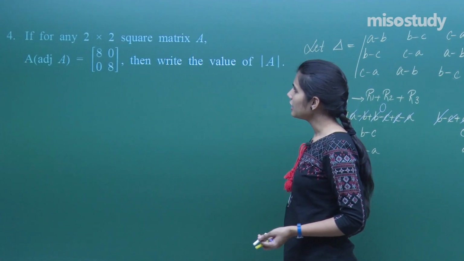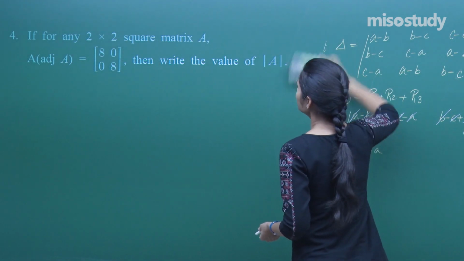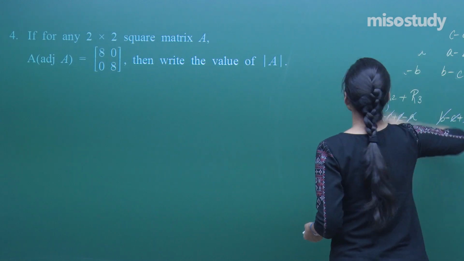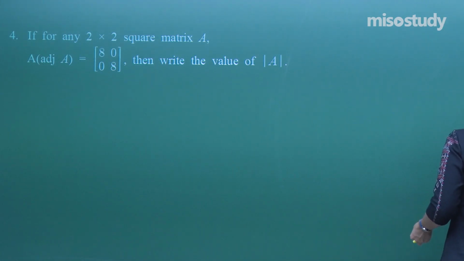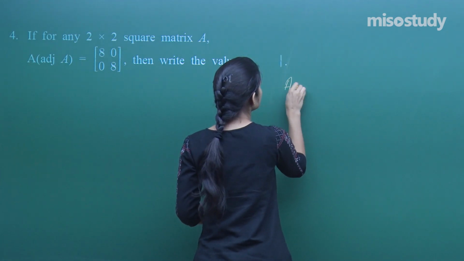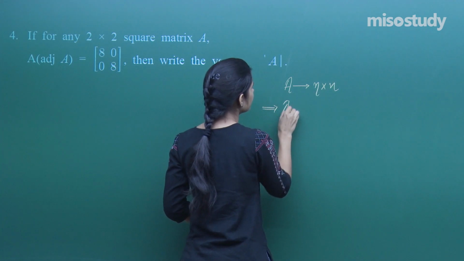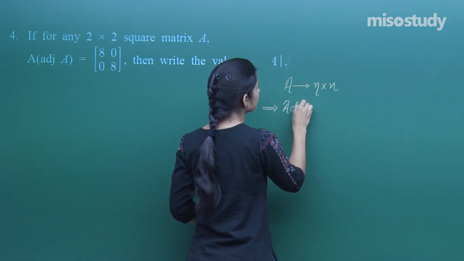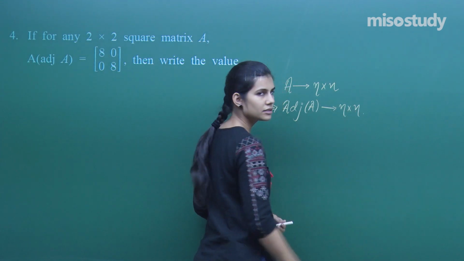Next question we have, if for any 2 cross 2 square matrix, A into adjoint of A is this 2 cross 2 matrix, then write the value of determinant of A. Now for this, you need to know one concept, that if A is a square matrix of order n cross n, then clearly adjoint of A is also a square matrix of order n cross n.